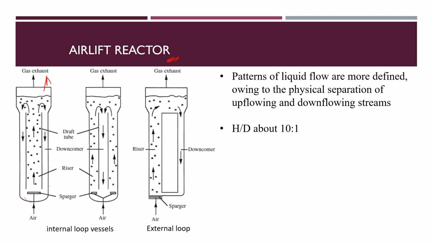Now, we can have this internal loop vessel as well as the external loop vessel. So, if you have the sparger here, then it will go and circulate like this, and if you have a sparger to the outside of the riser tube, then this will keep on circulating like this.